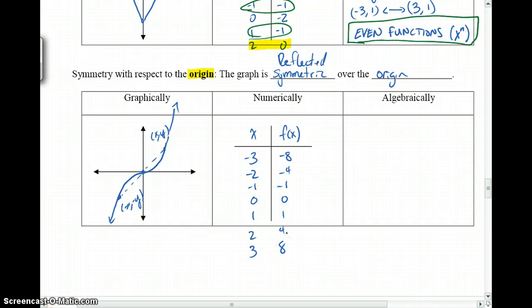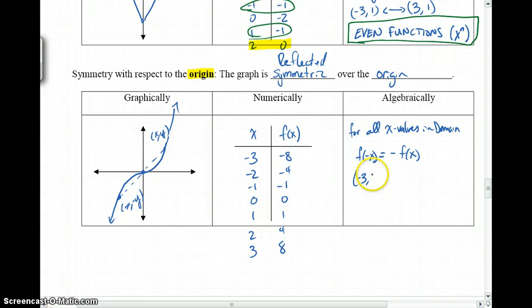Running out of room here, but you can see that there's a pattern. And algebraically, for all x values in the domain, we notice something about our function values. We know that f of negative x is actually equal to negative f of x.